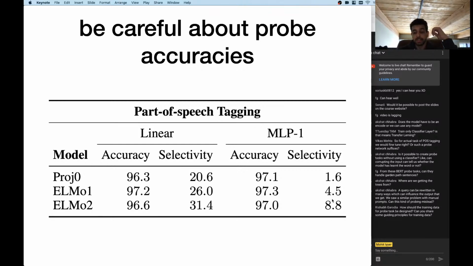So the difference between the control task and the probe part of speech tagging accuracy is low, whereas without a hidden projection, with just a linear layer and no nonlinearity, the selectivity is much higher, meaning that the control probe accuracy is lower.